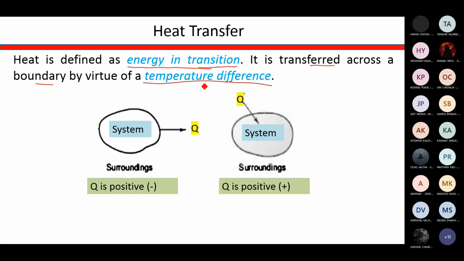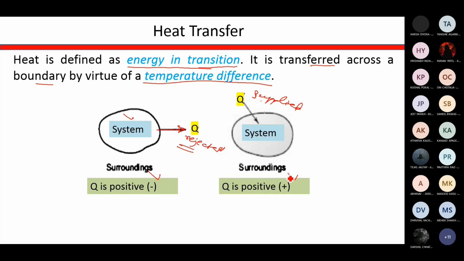Now you can note down the sign convention we are supposed to follow for heat transfer. This is your system, and this is heat rejected by the system, and this one is heat supplied to the system. Our sign convention is heat rejected by the system is taken as negative and heat supplied to the system is taken as positive.